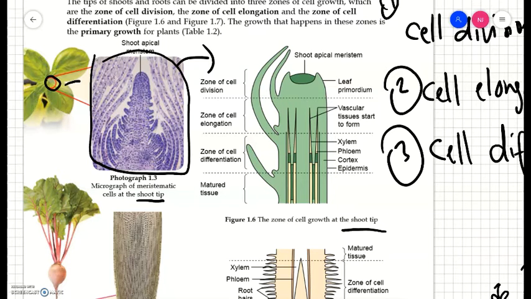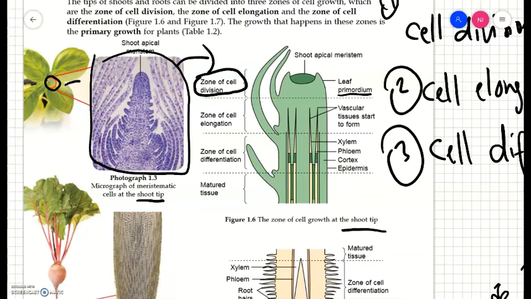So, senang dia divide bahagian tu. Bila bahagian paling hujung, betul-betul paling atas, this is what we call a zone of cell division. Cell division. Next to it, you can see here, during the cell division, it is simple. Dia tidak ada differentiation. It's just a primordium.